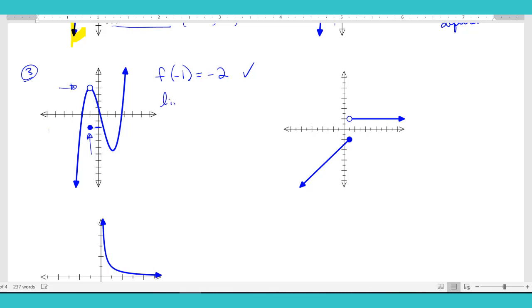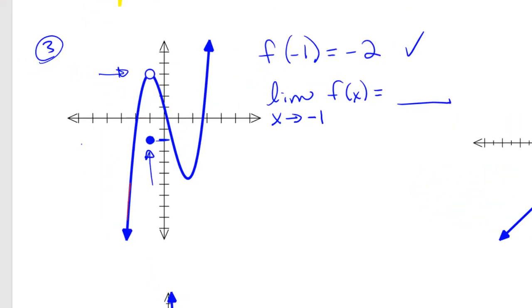Let's look at the second condition. The limit as x approaches -1 of our function. Well, going back to a previous lesson on limits, we look at what the y value is getting closer to from the left, and what the y value is getting closer to from the right, and it's approaching 4. It doesn't ever get there, but it gets as close to 4 as possible.